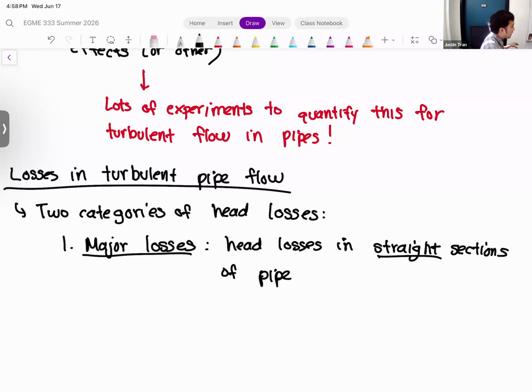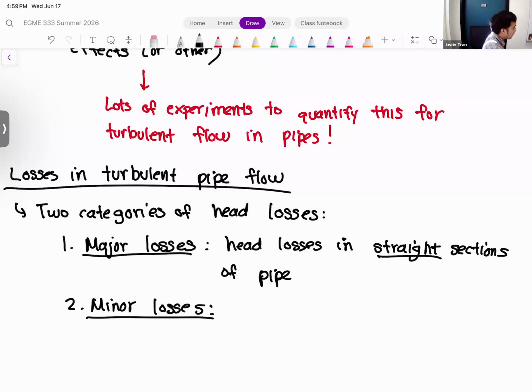Right, and so in sections of pipe that go in a straight line, that have a fixed diameter, there's going to be pressure losses or energy losses due to that. Okay, we even have that in the laminar case. We just saw that in the previous example, right? So we call those types of losses major losses. The other type of loss is what's called minor losses. Okay, so major losses and minor losses.